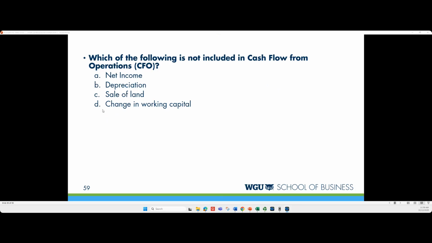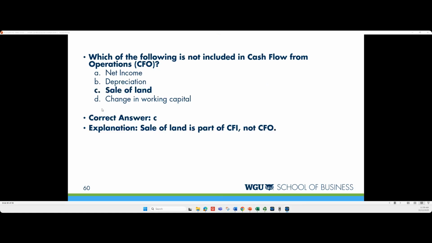Okay, which of the following is not included in our cash flow from operations? Okay, consensus is C, and that is the correct answer. That's part of our cash flow from investing, not cash flow from operations.